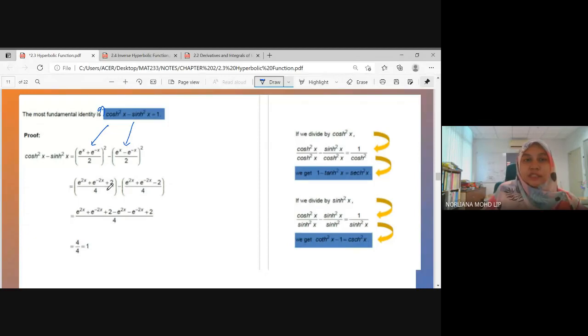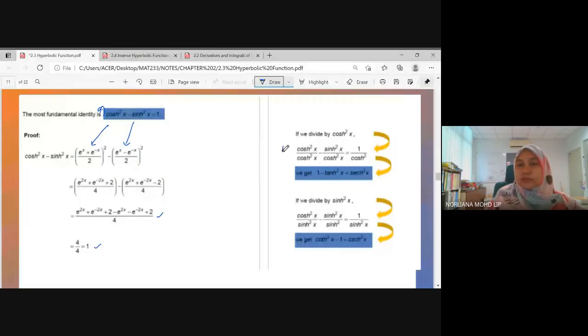Okay, and then you all expand this equation. So expand the equation, answer equal to 1. Okay. Okay, B ni. Okay, to prove the second formula lah.